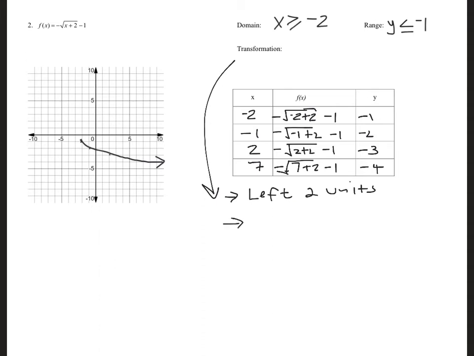The next transformation is 1 unit down. So that's a vertical shift, 1 unit down. And then the next one is a reflection over the x-axis. So those are the transformations.